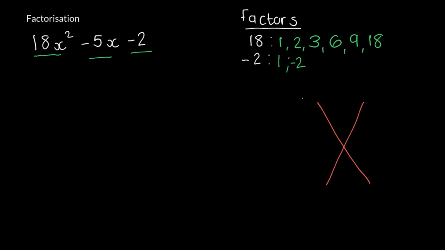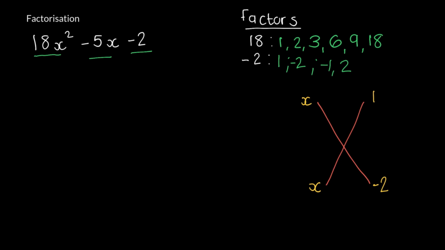All right, so now we're going to organize the factors. We're going to put the x's on this side, and we're going to put the factors of 1 and 2 on this side. What I like to do is take the factors of -2 and put 1 over here and -2 over there, because those two are easy. I can also consider -1 and 2, so I can just interchange the negatives.